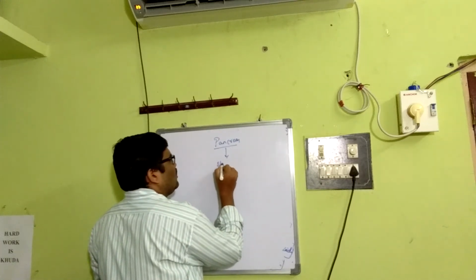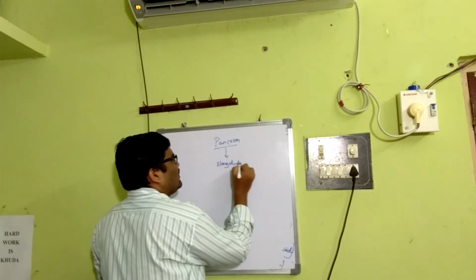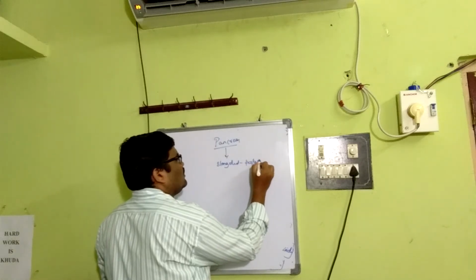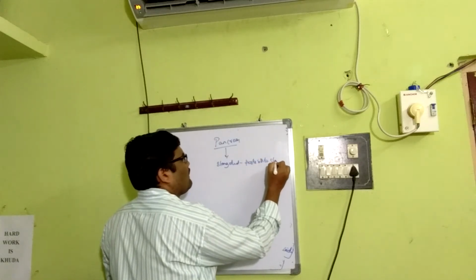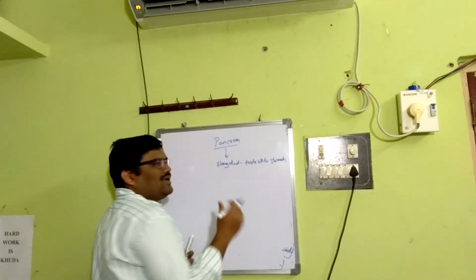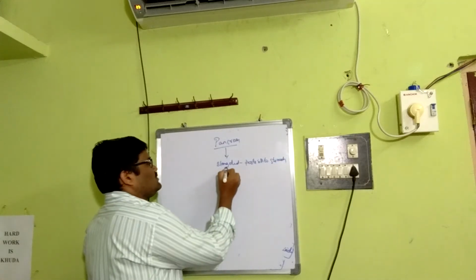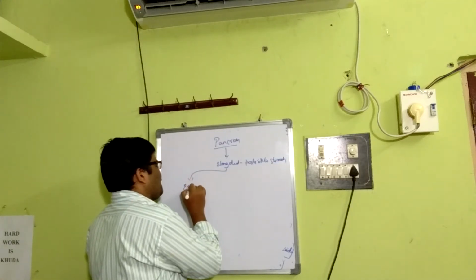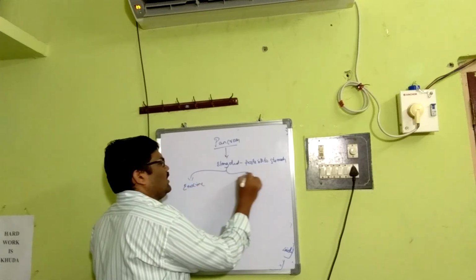It is an elongated organ. The significance of the pancreas is that it consists of two parts: one exocrine and two endocrine.